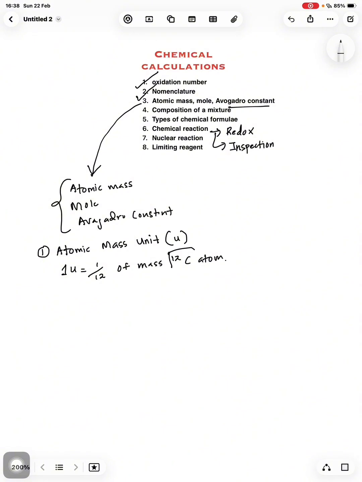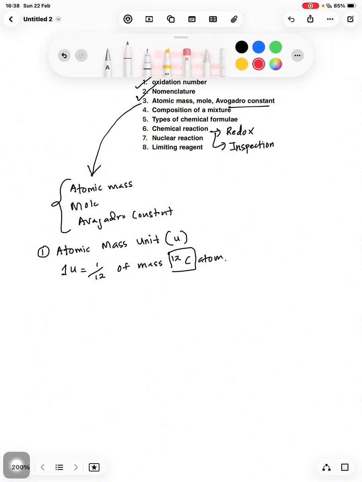Like only carbon-12 atom, right? The definition of atomic mass unit is it is equal to 1/12 the mass of the carbon-12 atom, right? Scientists have given value for it. This is the value for 1U. 1U is equal to 1.66 into 10 to the power minus 24 gram.